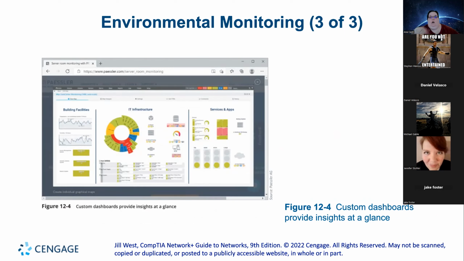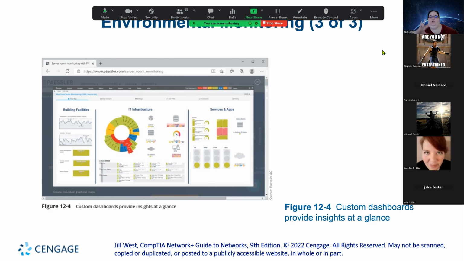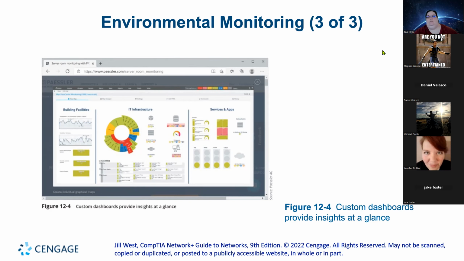Green is all good, yellow or orange is warning, and red is, of course, danger. They like to use a lot of the same symbols, because that way, no matter what product you're using, it'll come across.